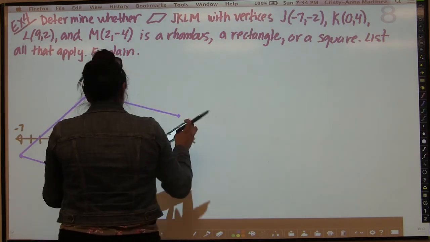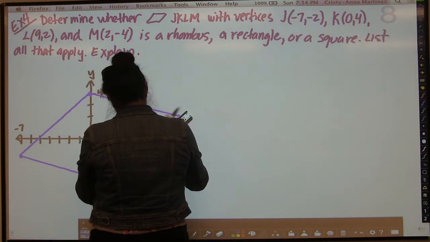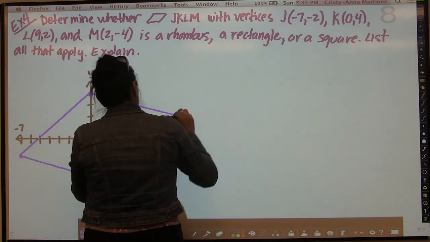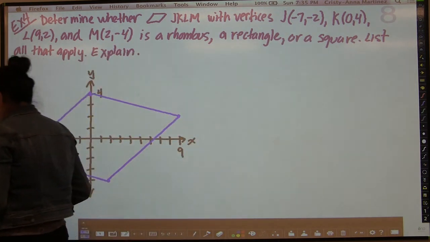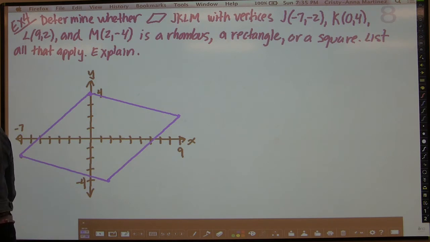And in order for us to know what's going on here, we're going to start by using the distance formula. So let me just read you our plan here. When we look at the diagram, we can pretty much tell that it doesn't have any right angles.